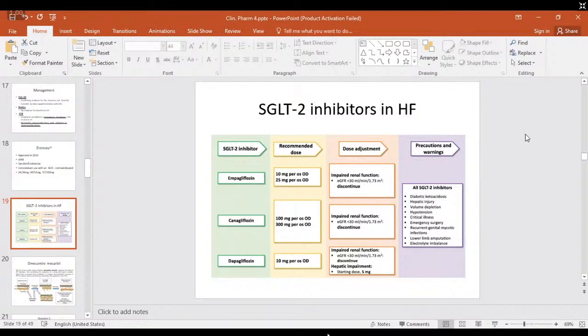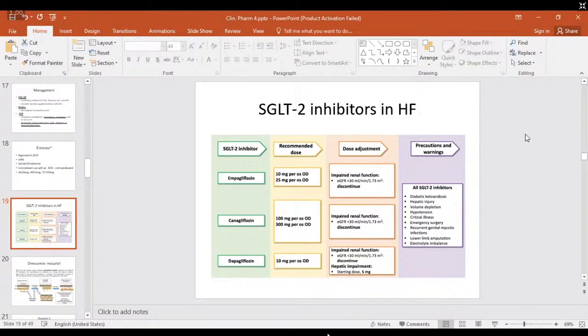The last 2 years, there were several very large studies that were published, and they show really unique results in patients with diabetes and heart failure, and also in patients with heart failure without any diabetes.